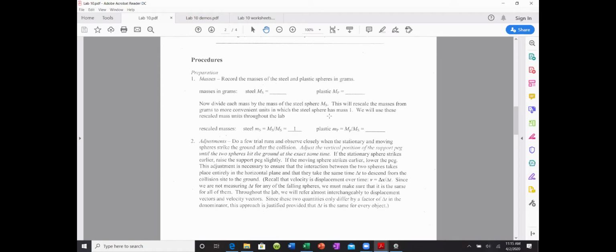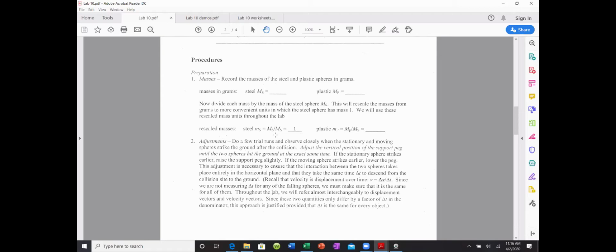How do you get from here to here? Divide by mass of steel. So if you look on the sheet, what is lowercase ms? It's 8.39 divided by 8.39. So we're just going to shift to units where anything that's made of steel has mass 1.